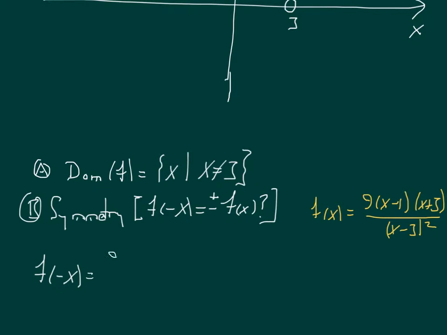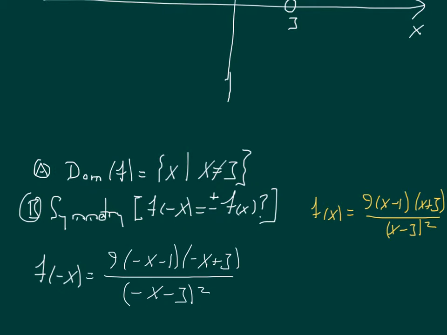And this is going to look, in this case, like 9 times (minus x minus 1) times (minus x plus 3) all over (minus x minus 3) all squared. At this point, what you should do is try to make this right here look like either f of x exactly or like the negative of f of x. You can try to do that maybe by pulling out this negative here, but what you'll find is that whatever you do, you won't see either f of x or minus f of x.